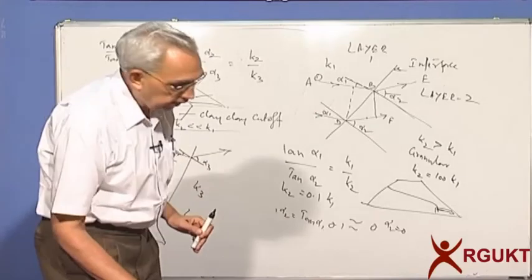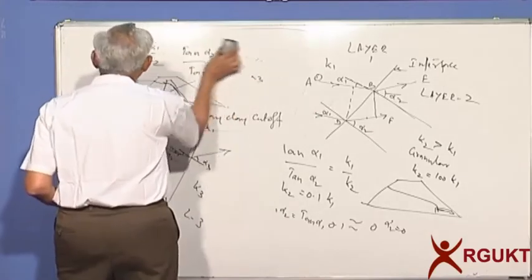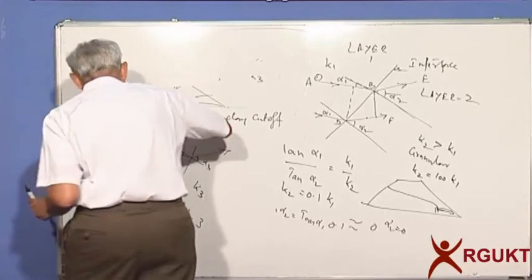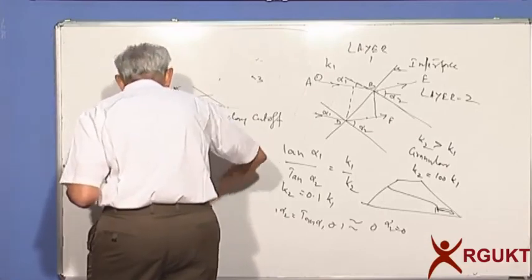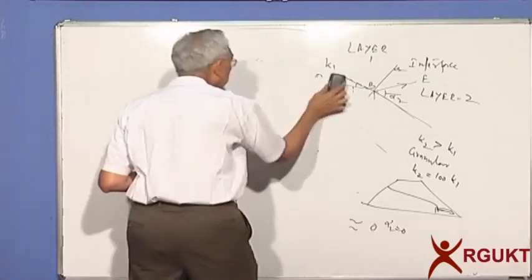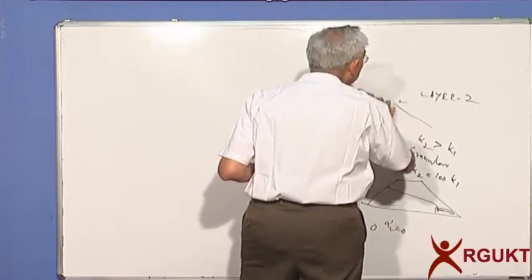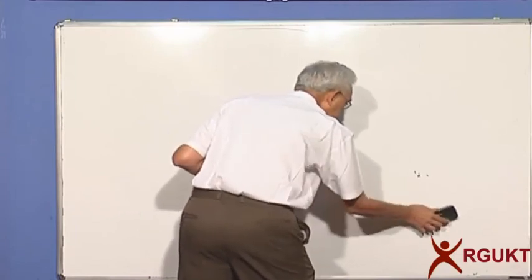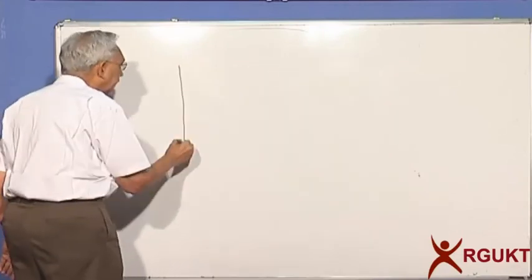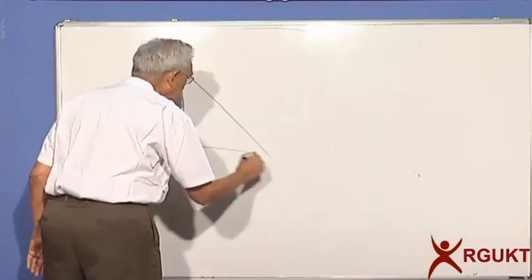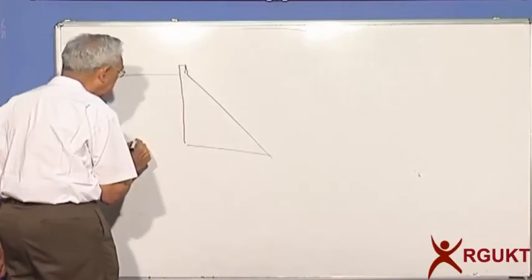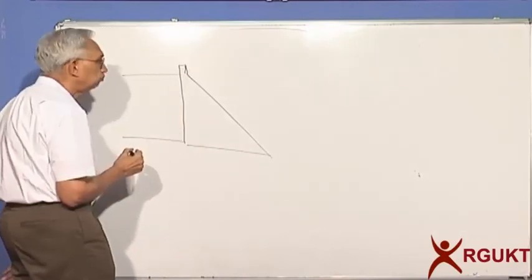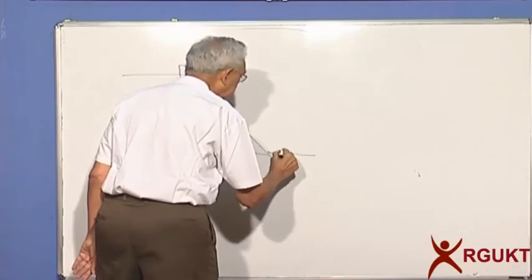One more aspect that I would like you to talk about would be the uplift pressures. You have to worry about uplift pressures, particularly for concrete dams, barrages, weirs, etc. Let's say we have a dam which is storing water of 100 meters or something, and here is the downstream side.